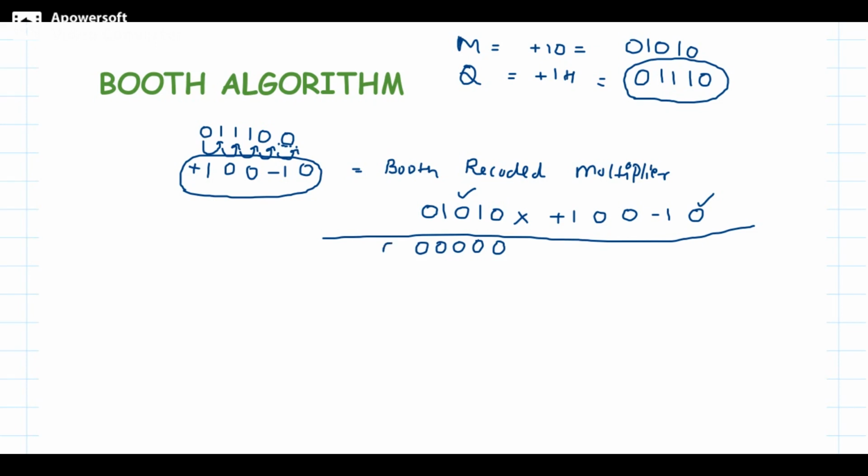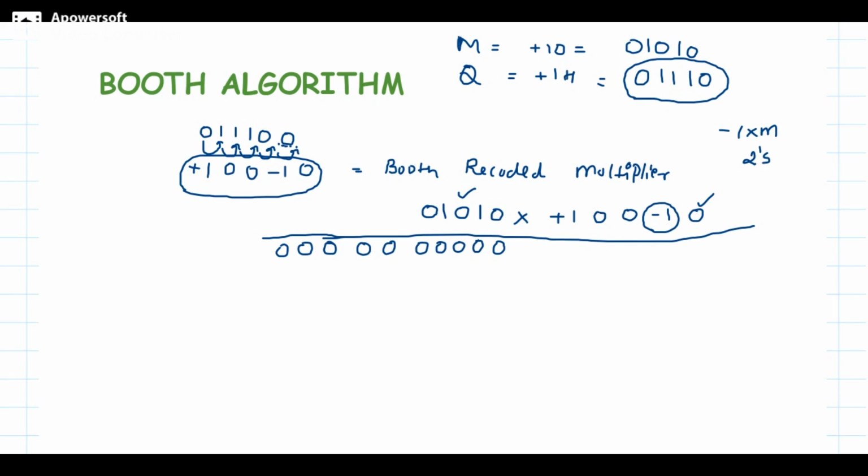I'll consider 1, 2, 3, 4, 5 additional zeros as sign extension. Next is minus 1 into m. Minus 1 into m means I have to consider the 2's complement of m.